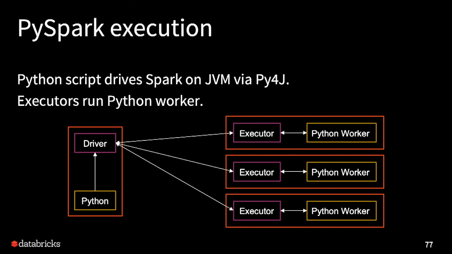And the Java side of the driver builds up the query, forms the DAGs, and then sends those DAGs, as Xingbo covered, to the executors for execution. And then on the execution side, you have your normal JVM executors. And these talk to external Python workers for running Python UDFs and then the callbacks to the PySpark RDD.